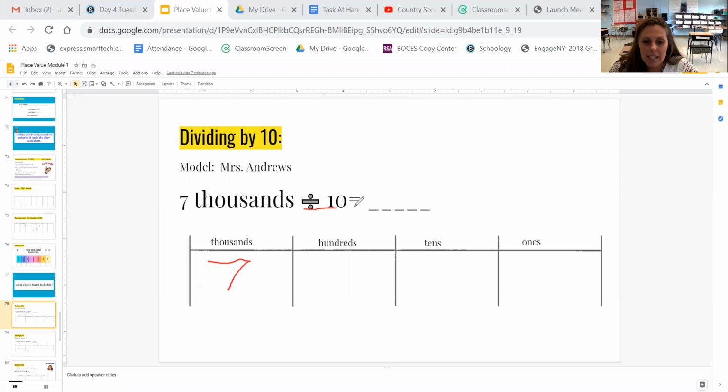If I'm dividing by 10, that means I'm only moving one place value. So I'm going to move one place value to the right, and now I have 7 in the hundreds place. So my correct answer is 700 because I started in the thousands, I moved one place value. 7,000 divided by 10 is 700.